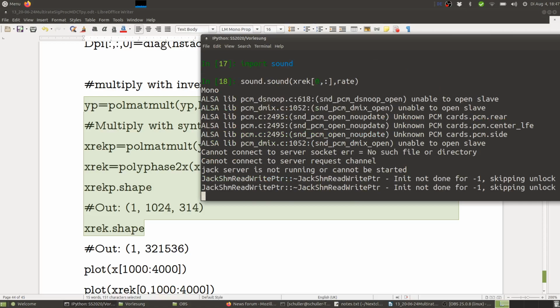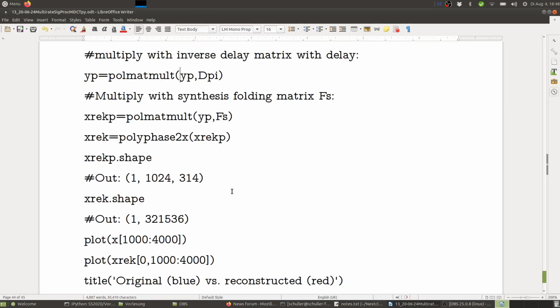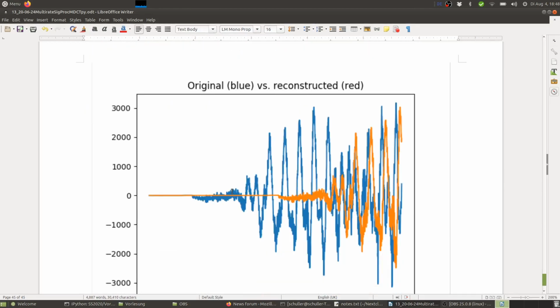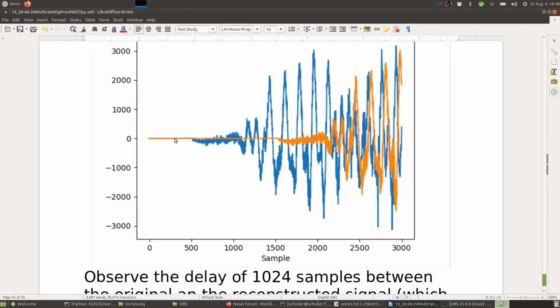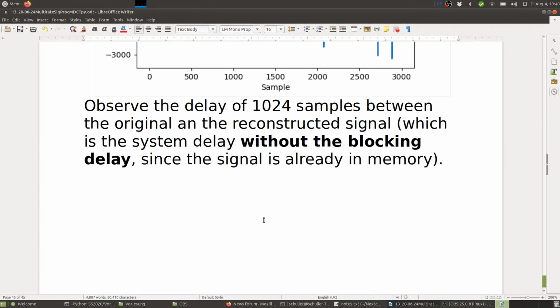So this is indeed the same as the original, right? Here we couldn't hear the delay, but in the plot you can easily see the delay of 1024 samples. This is the delay without the blocking delay, since the signal is already in memory.